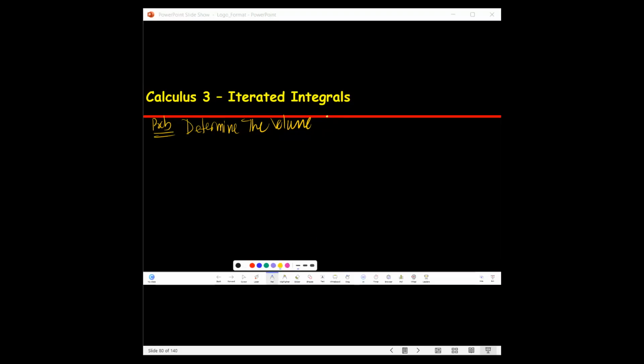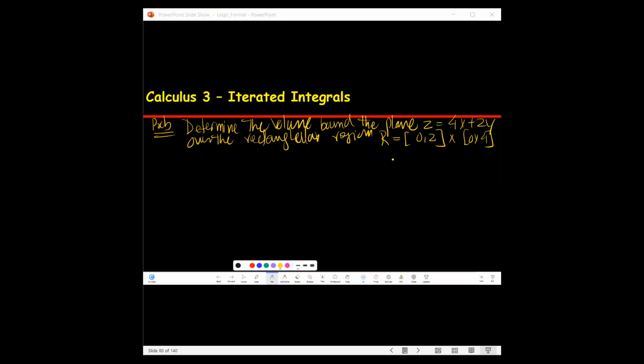Determine the volume bound by the plane z equals 4x plus 2y over the rectangular region, and the region is given like this way, pretty much the range 0, 2 times 0, 4.